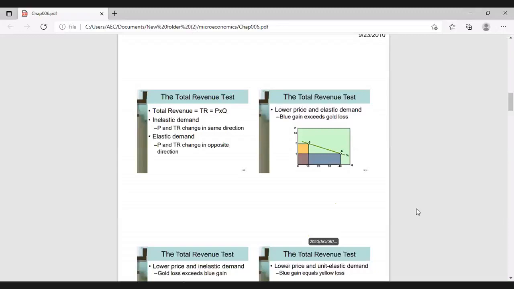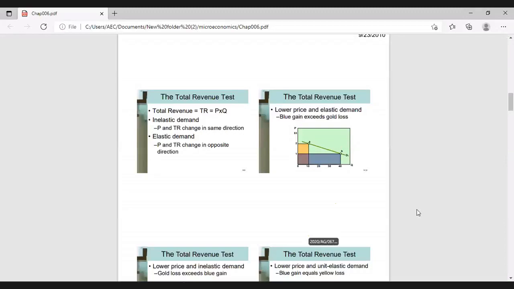Then what will happen? Price times quantity: the revenue increases. If the price increases 10% and they reduce quantity by more than 10%, revenue will be less. But when the price increases 10% and they reduce quantity by 5%, total revenue increases.